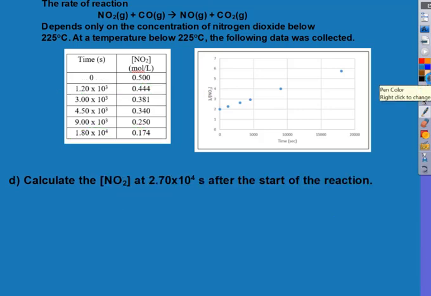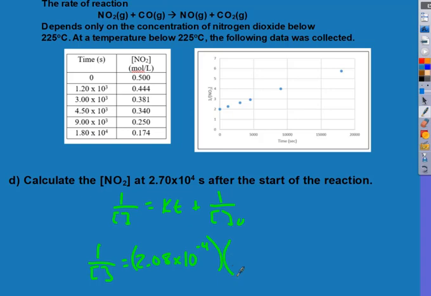Go ahead and pause the video and do D, restart when you have your answer. So it's second order, so you should be plugging it all into the second order integrated rate law. We know k from the previous problem. They gave us time, and our k and time units match, so we're good.